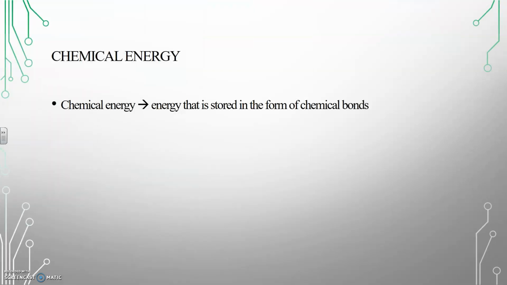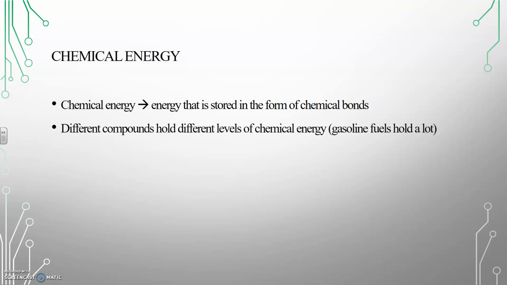So chemical energy is the energy that is stored in the form of chemical bonds. Okay, it is basically another way of referring to chemical bonds, but referring to the energy side rather than the physical side. So different compounds will hold different levels of chemical energy. So gasoline fuel holds a lot.